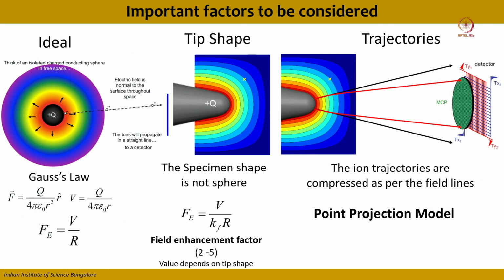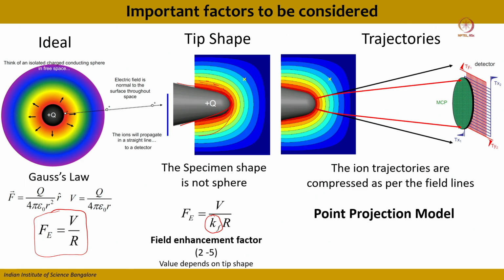Briefly, I will go through the important factors that have to be considered. If you have an ideal charge on a sphere, you have a field given by the voltage applied divided by the radius of curvature, but your tip shape is truncated. Due to this, your field lines are not homogeneous at each place, so a field enhancement factor has to be added to get the correct path of the field around the truncated needle specimen.